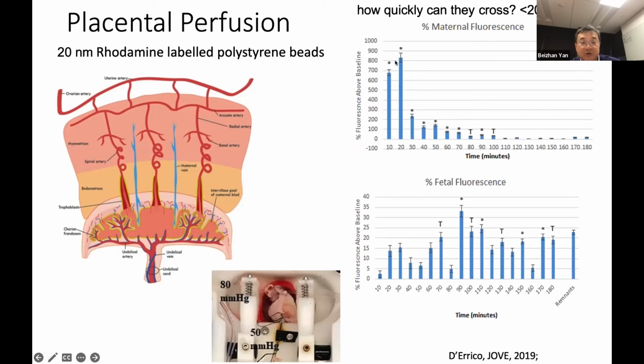However, on the fetal side there was an increase over time, staying at relatively high levels. So clearly nanoplastics can cross the placenta and get into the fetus.